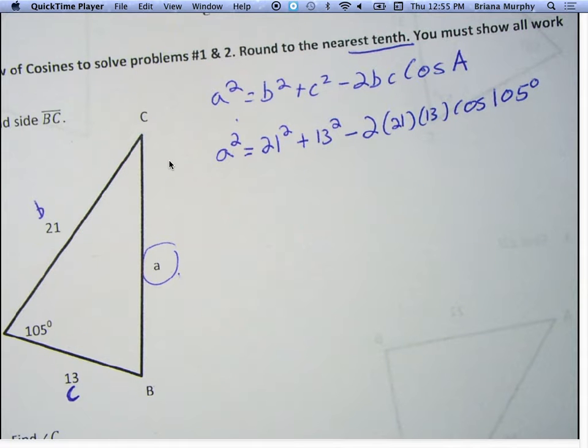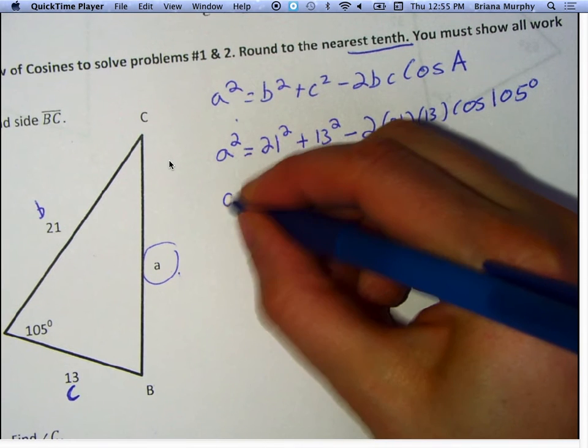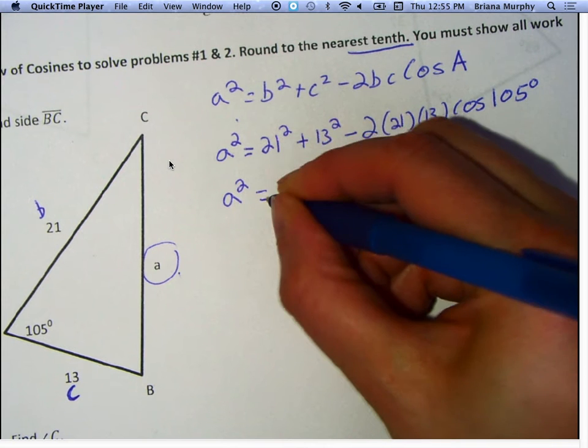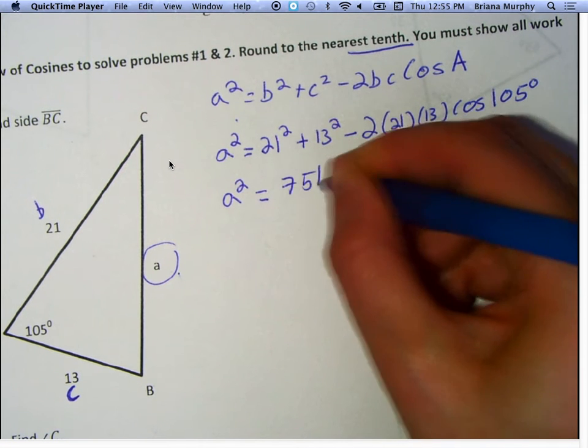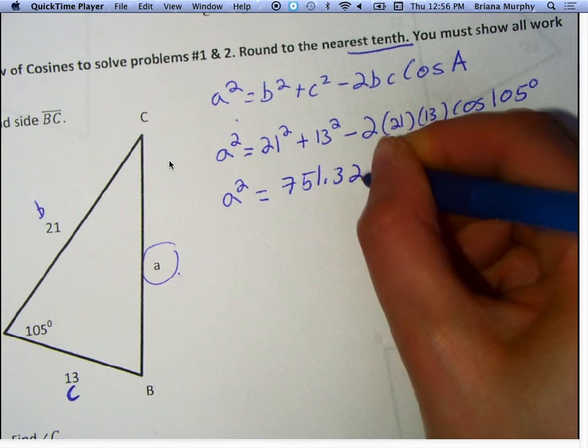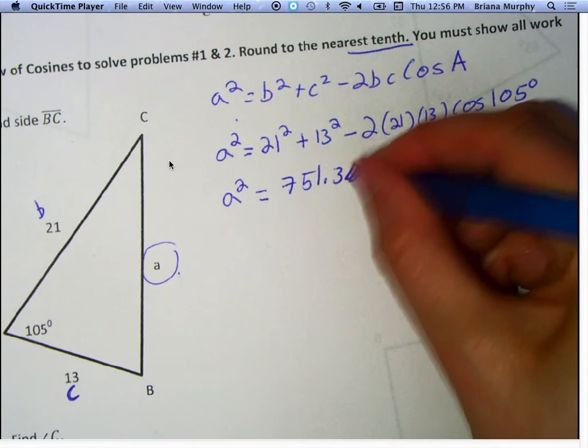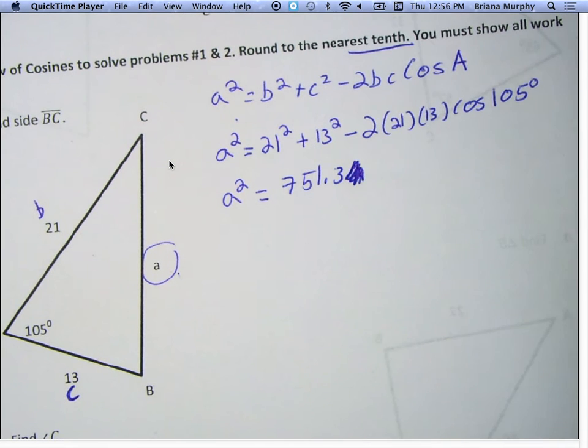I'm going to put 21 squared plus 13 squared minus 2 times 21 times 13 cosine 105. And I'm going to bring down the a squared because I don't know that one, equals 751.32. I'm going to just leave it at that because it says round to the nearest tenth. What do I do at this point?